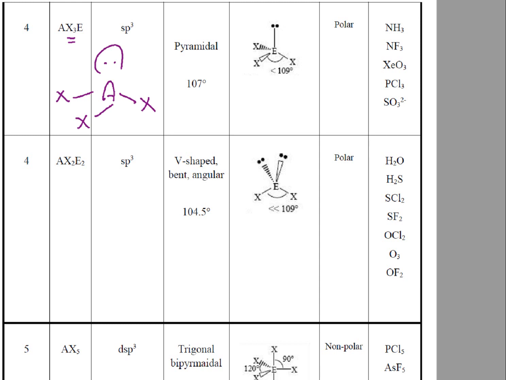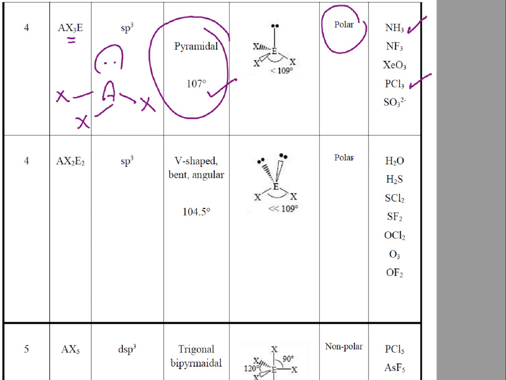Presence of the lone pair is going to change the shape of the molecule from the expected shape, which is tetrahedral, into pyramidal shape, trigonal pyramidal, making the angle less than 109, or you can say it's 107. The molecule will be polar because the dipoles will not cancel out, and we have examples like NH3 or PH3 or PCl3.